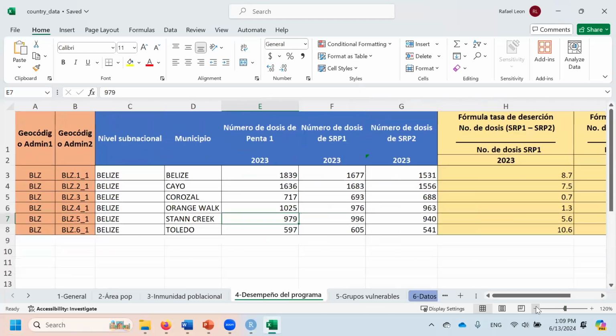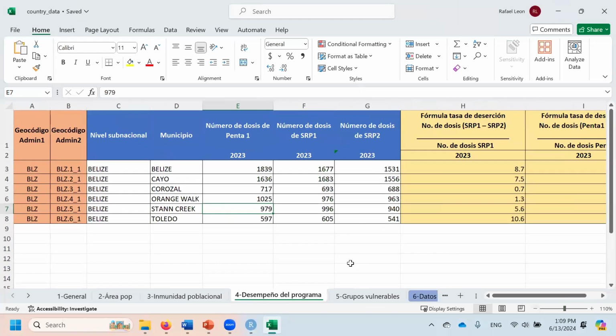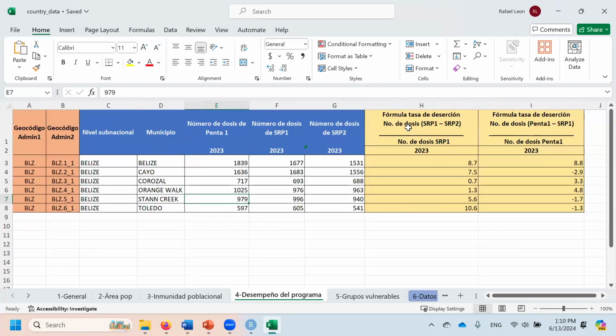On the next sheet, sheet 4, we will input the information on program performance using the variables on dropout rate for Penta 1 and Penta 2 and MMR1 for the year of the risk analysis. These rates will be automatically calculated in the columns that are highlighted in yellow, by inputting the number of doses of the aforementioned antigens.